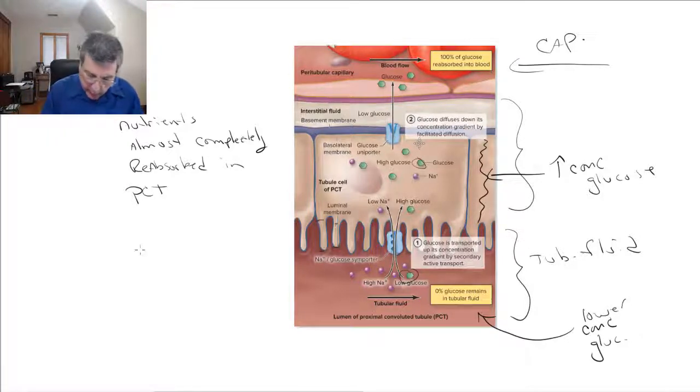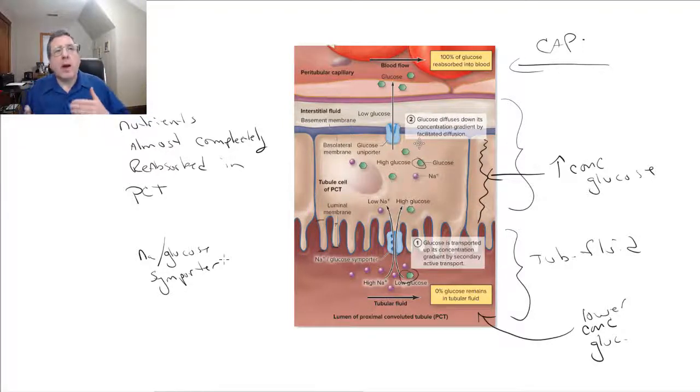So that's going to be sodium glucose symporter. Now, how this works. You have a high concentration of sodium in the tubular fluid, okay? Inside the simple cuboidal epithelial tissue, we have a lower concentration of sodium.